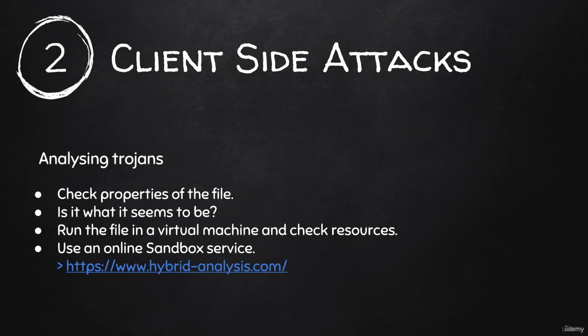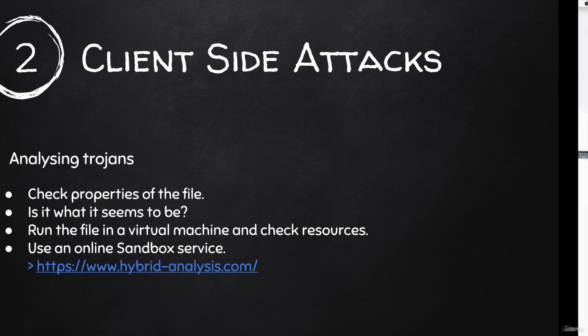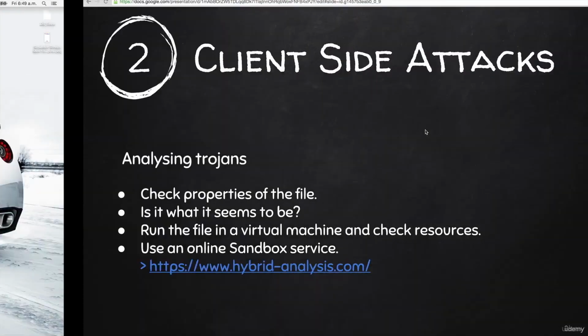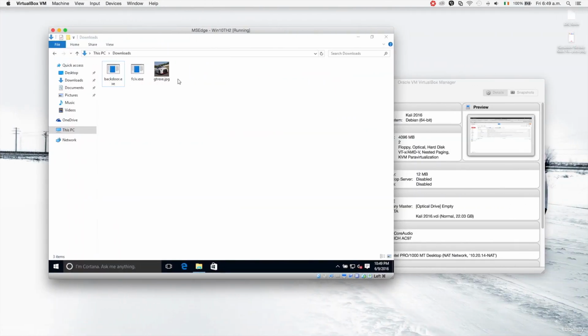So the best thing to do, the first thing, is check the properties of the file and make sure that it is what it's claiming to be. So we have our GTR picture here, and we can see that it's JPG, so it looks like a picture and has an icon, and if I run it, I'll get a picture like we've seen in previous videos.